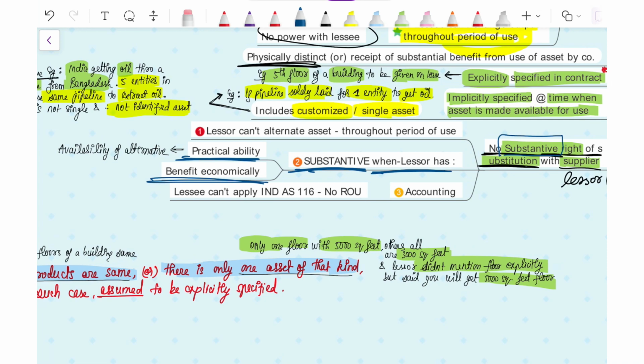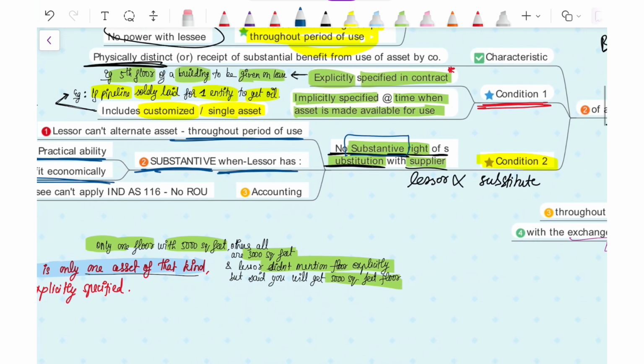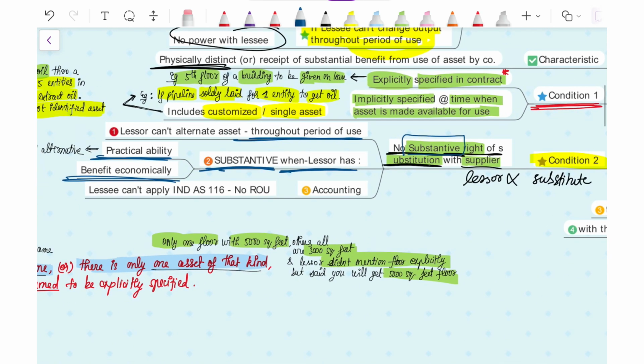For example, for the first 5 years they give one laptop to the lessee, and after 5 years they change the laptop. That they cannot do throughout the period of use. If the lessor has the power to substitute an asset, then it cannot be called an identified asset here, because even if you identified it at the start of the lease term, after that it is being changed.